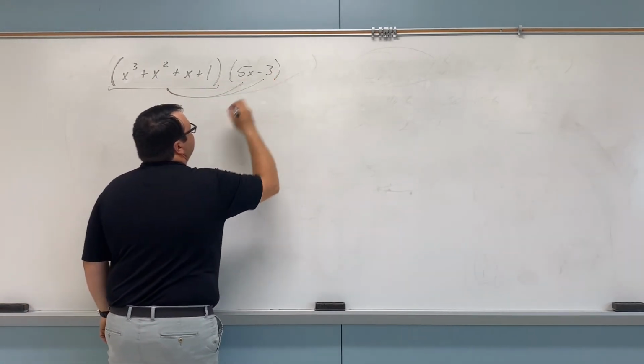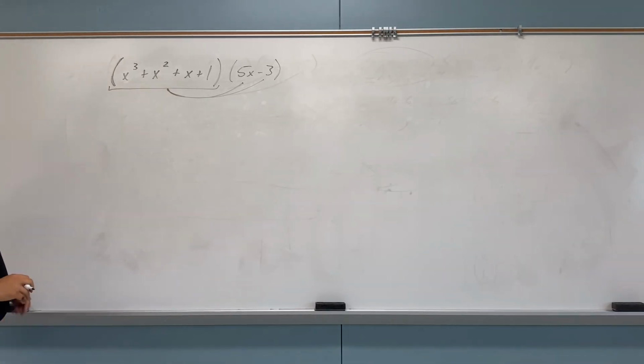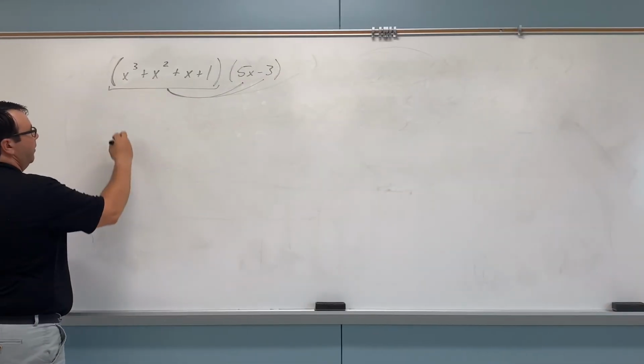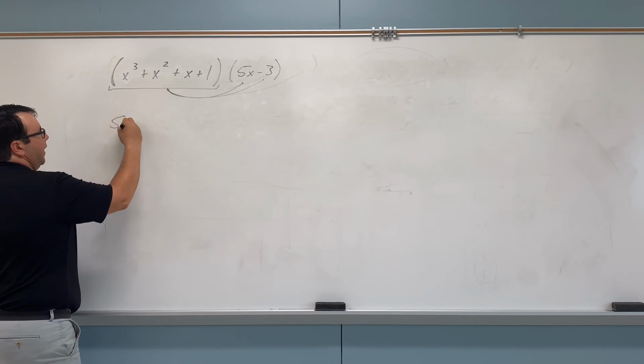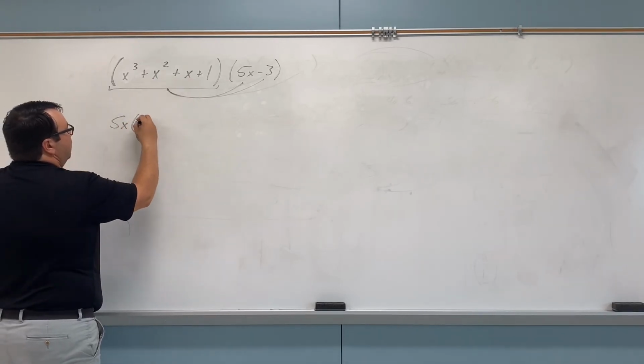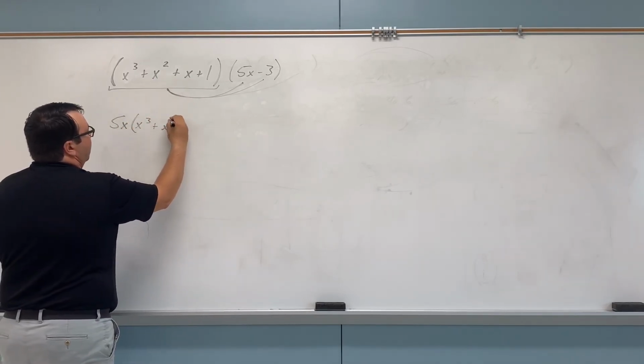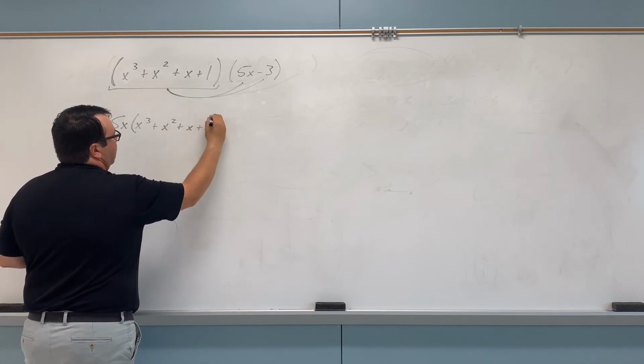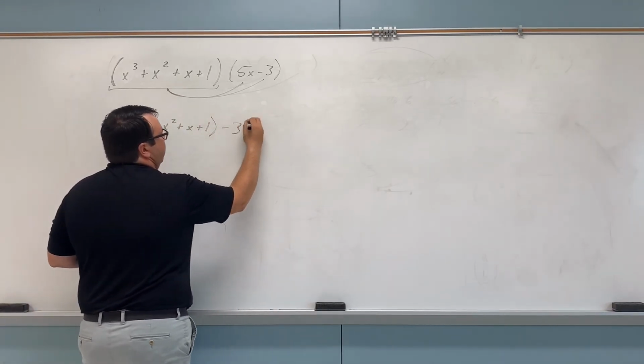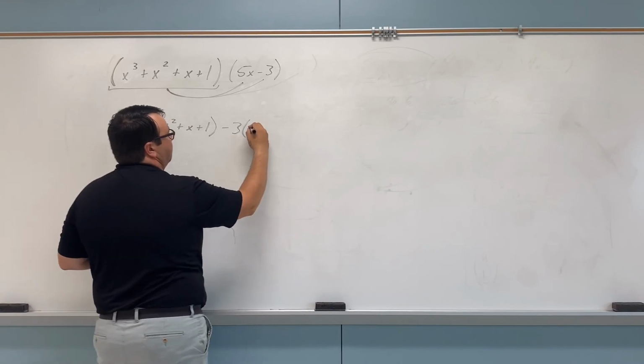And so this distribution is going to be a little bit long, just like the last problem, but that is okay. So I have 5x times my polynomial minus 3 times my polynomial.